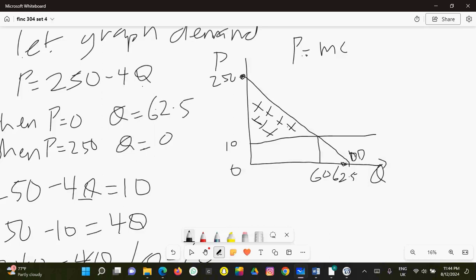We made mention that two-part pricing is normally a pricing strategy used by firms that charge, for example, a gate fee, right? So here is 10, and then from 10 up to 250 is 240.